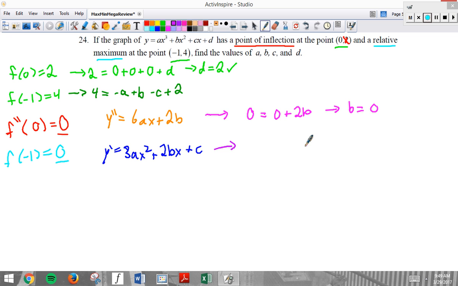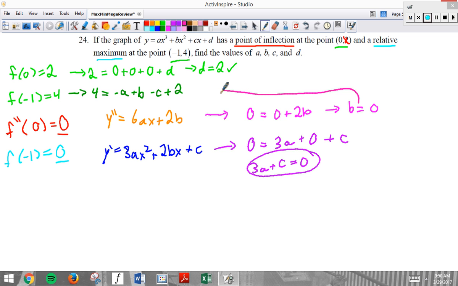So now I know b is 0. So 0 equals 3a plus 0 plus c. So 3a plus c equals 0. That's one big equation.